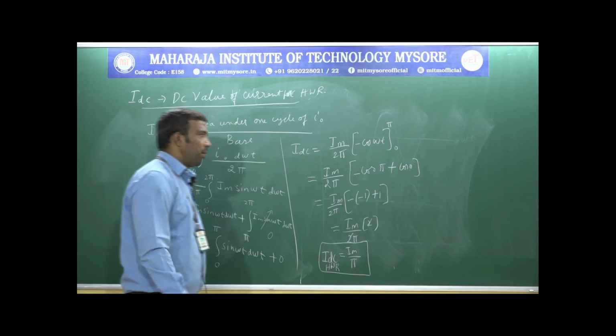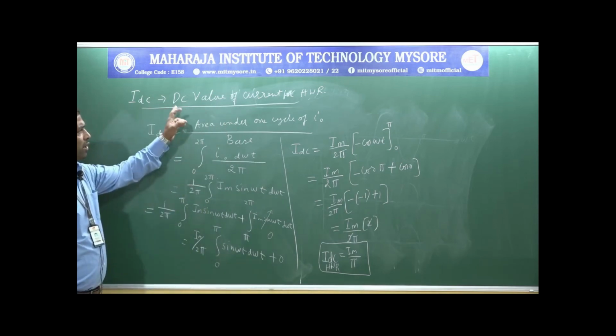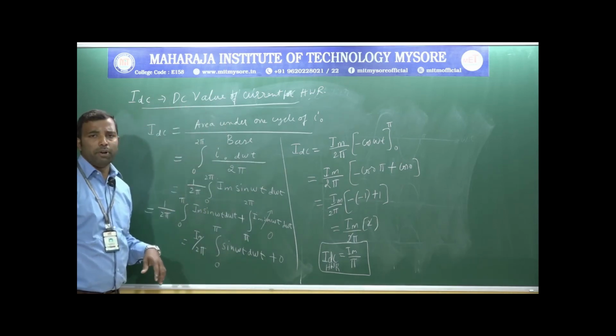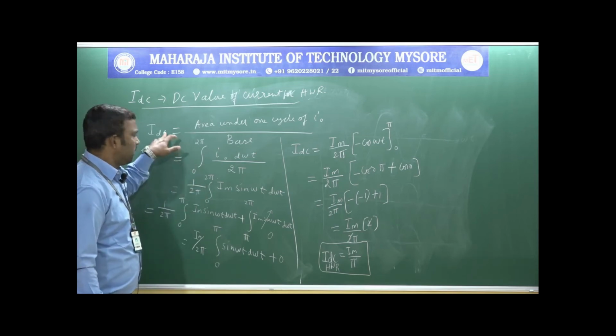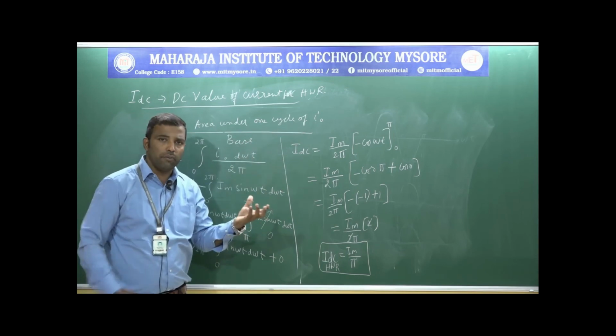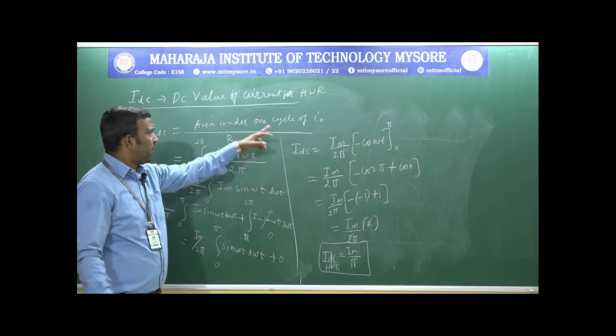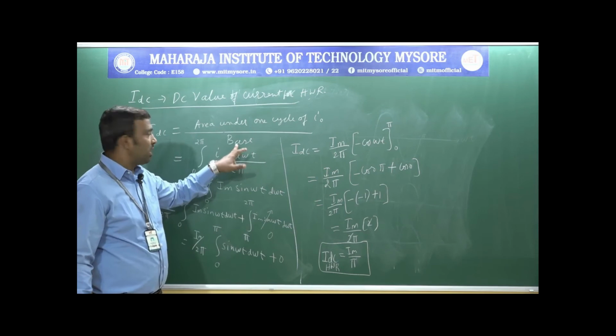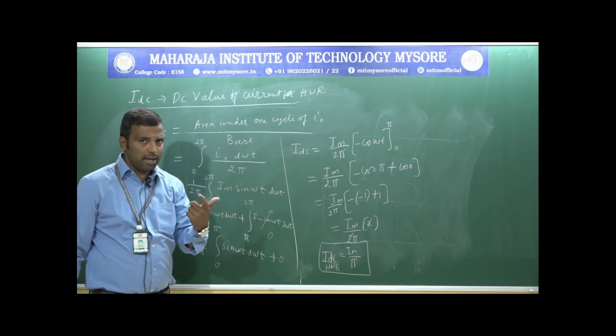The expression for the DC value of the current for half wave rectifier, that is I_DC, is given by the area under one cycle of I naught. We are considering one cycle of I naught or IL, both are the same, divided by the base, the entire base.